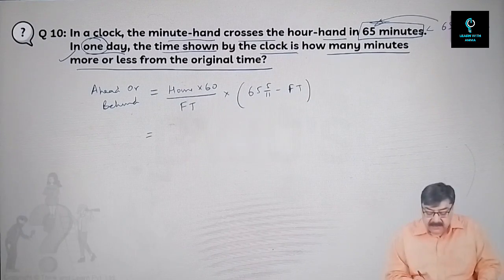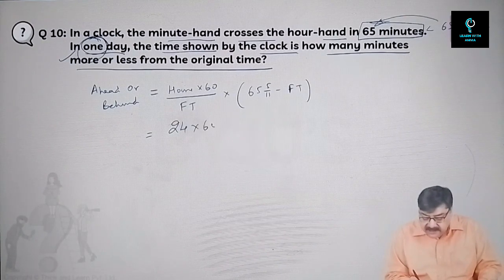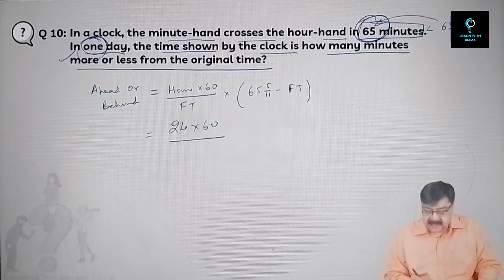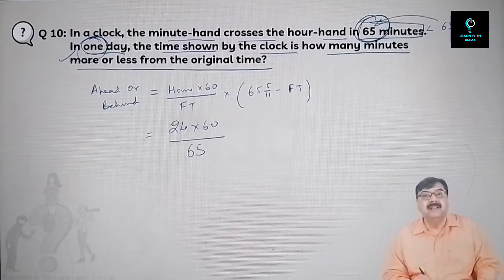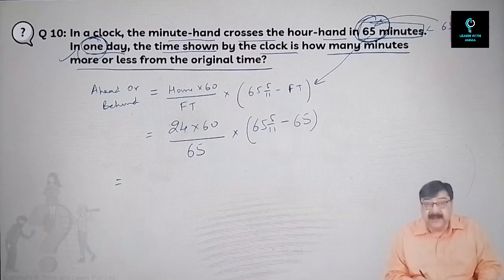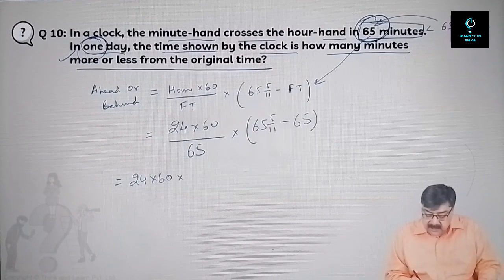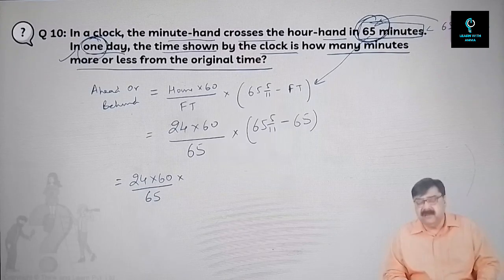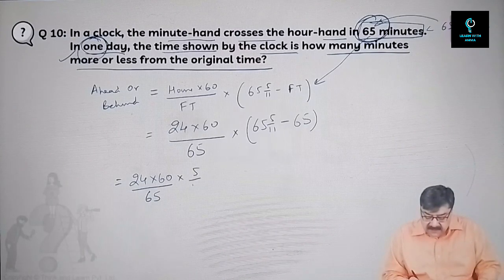So this shall be one day. So hence 24 hours into 60 by faulty time, that is 65 minutes, divided by 65 into 65/5 by 11 minus this faulty time, that is 65. We have here a 24 into 60 by 65 into 65/5 by 11 minus 65, which will give us 5 by 11.